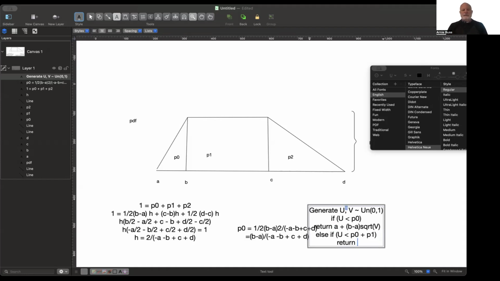If it's in the middle, then I simply return B plus C minus B times V. Else I return the left guy, which is D minus D minus C times the square root of V.